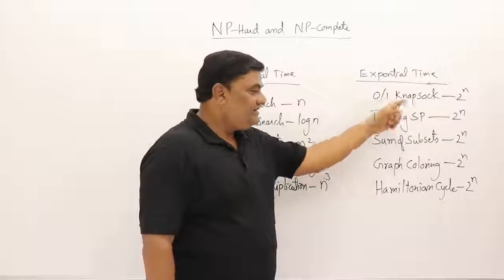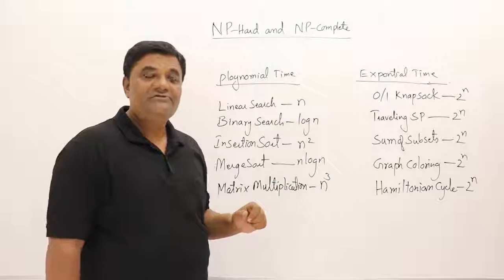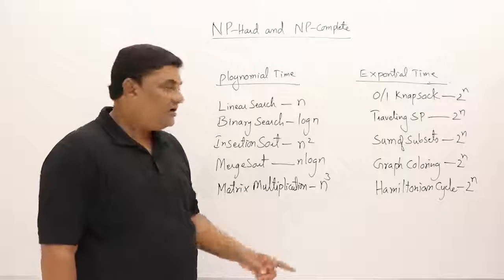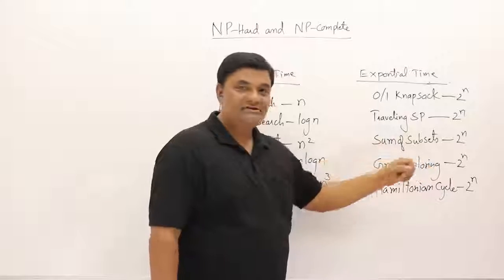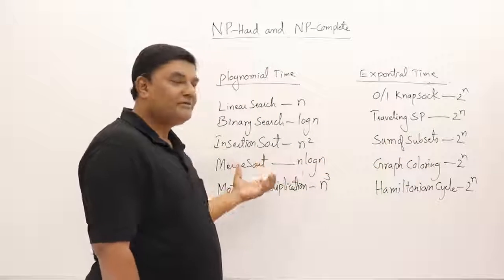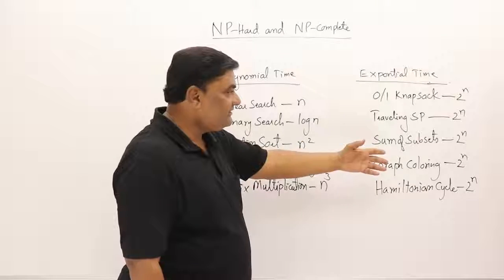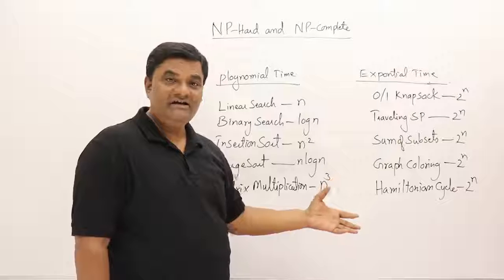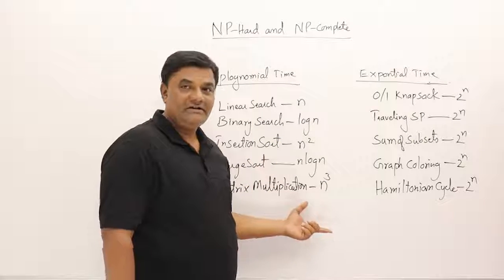Similarly, for these exponential time algorithms, we want polynomial time algorithms. All these problems which are taking exponential time, we want a faster and easier method to solve them in just polynomial time, because 2 power n or n power n or 5 power n is much bigger than polynomial time.